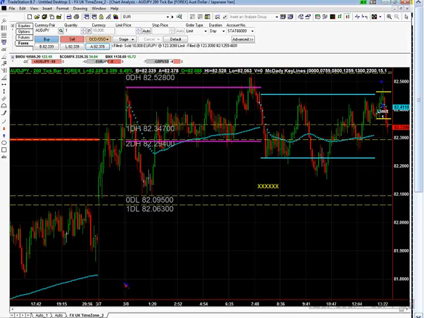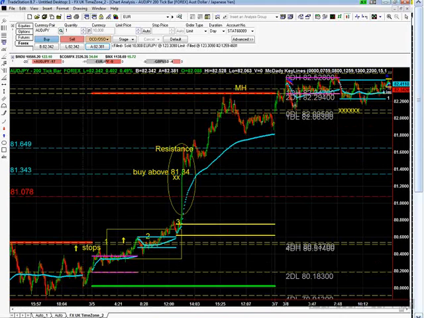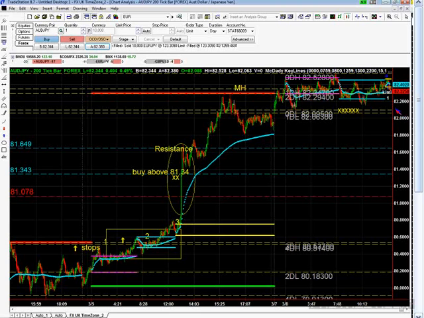Okay, let's see what else we have. We have no signals. The dollar yen, no signals. The pound CAD, nothing. The euro pound yen, nothing. The pound dollar already came 2 pips and it's just sitting there. If it gets below the 82.20, I'm going to turn around and take it short.